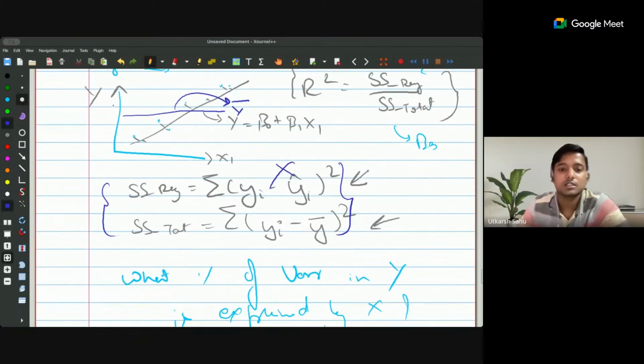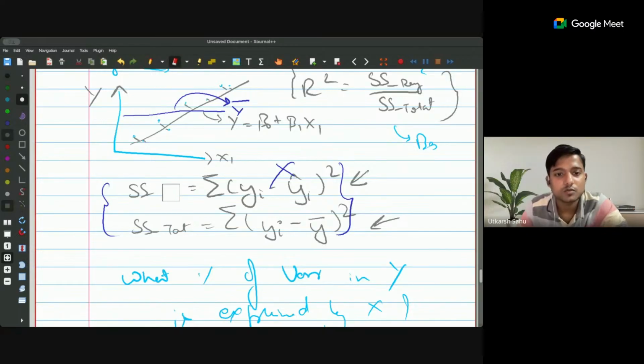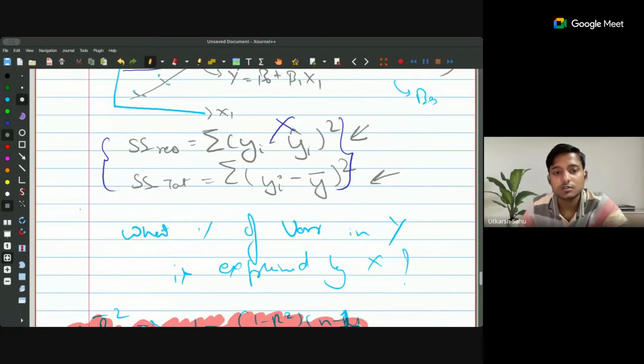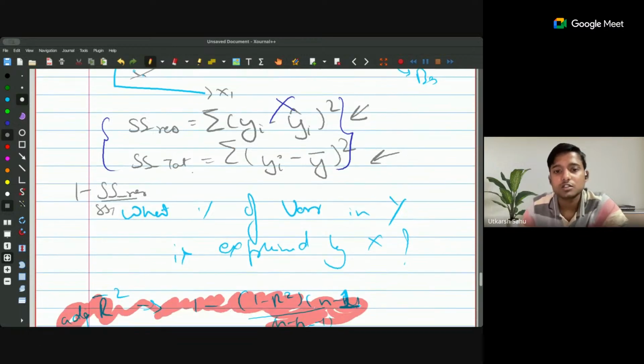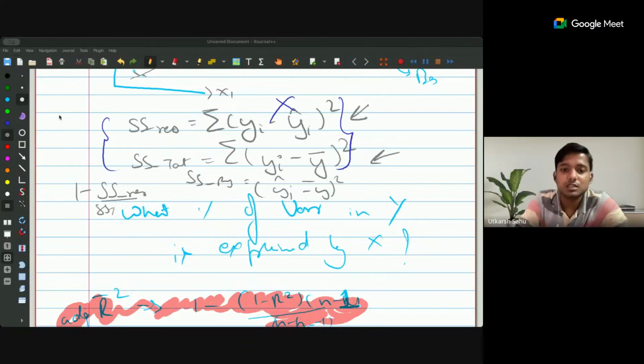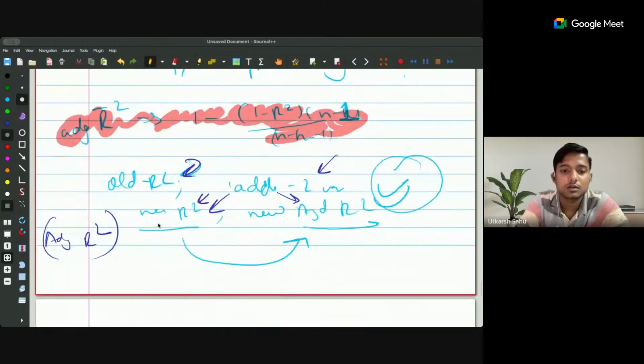What I wrote is basically sum square error. This is sum square residual or error. So another way was 1 minus SS residual upon SS total. This is residual. Sum square regression was yi predicted minus y bar whole square. So you should remember the definitions, how it's comparing and what that thing is.